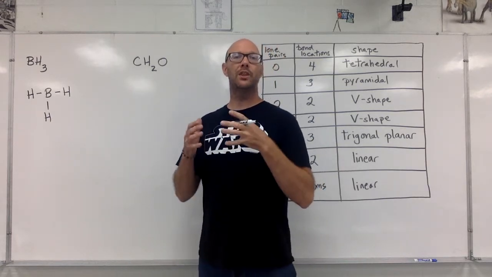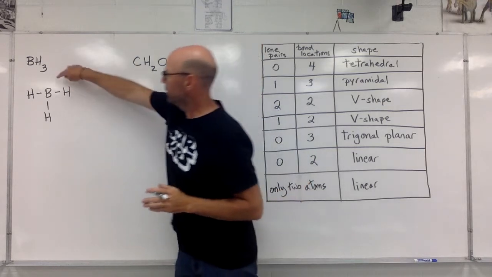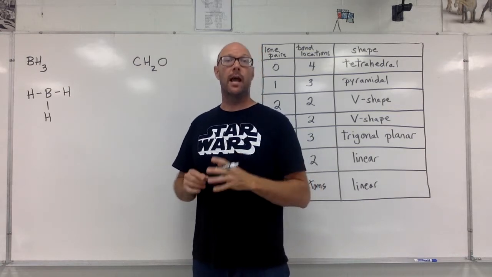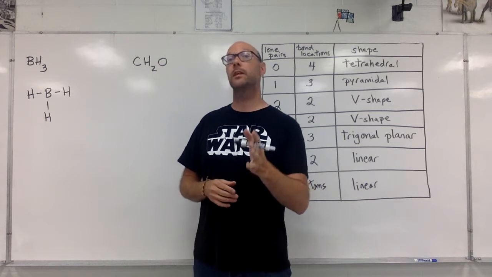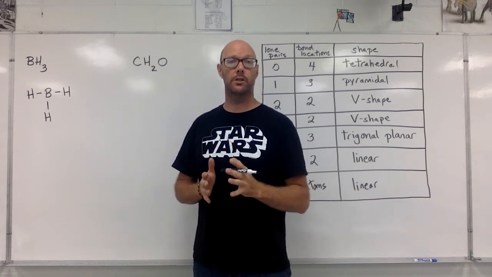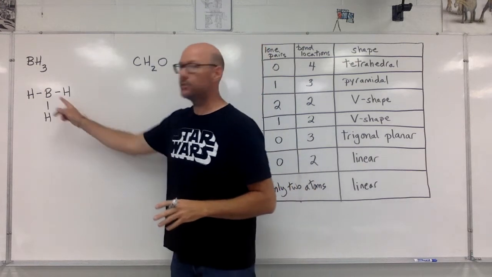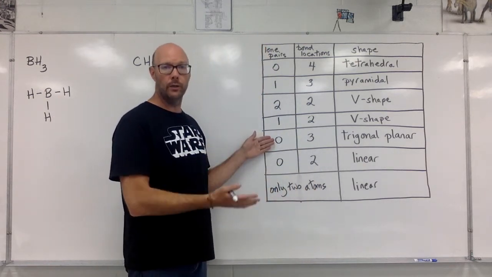Boron, with only 3 valence electrons, does not have a lone pair. There's nothing there. We need to be careful. Nitrogen and phosphorus also have 3 bonding electrons. However, they do have a lone pair, so we need to be conscious of that. Boron, no lone pairs. And here's 3 single bonds. That's no lone pairs, 3 bond locations.